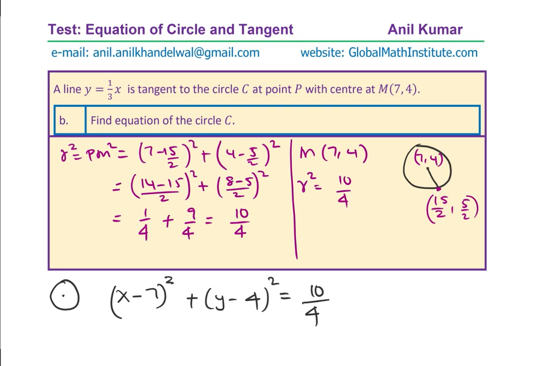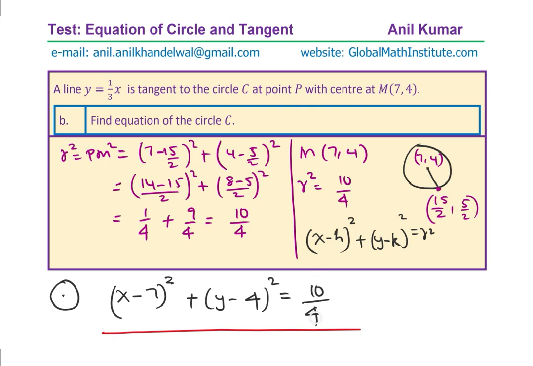This is written as x minus h whole square plus y minus k whole square equals r square, where h and k are the coordinates of the center. So this is the equation which we have used, and that gives us the answer. Is that clear to you? So that is how we are going to do part B. The radius square is 10 by 4, right?